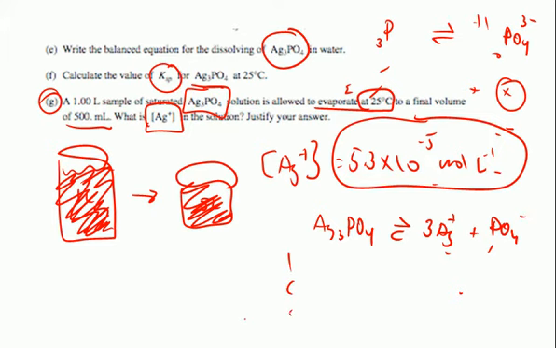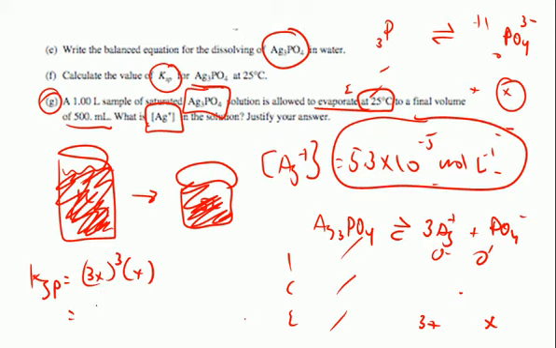In the ICE chart we had 0, 0, and ended up with 3x and x. So KSP is equal to 3x to the third multiplied by x, which equals 9x to the fourth. Just wanted to clear that up for some of you that might have been confused.